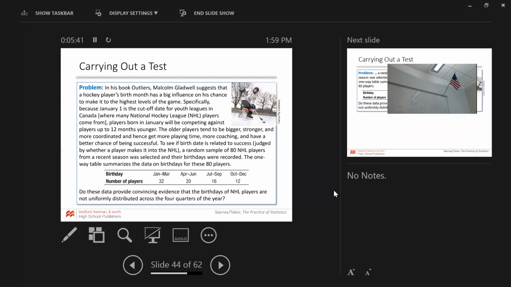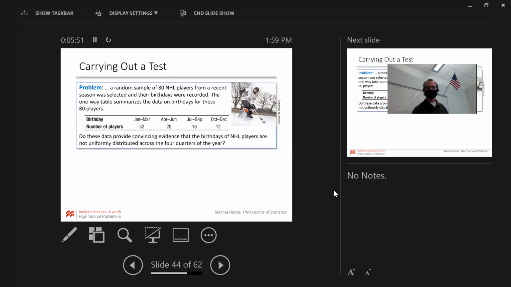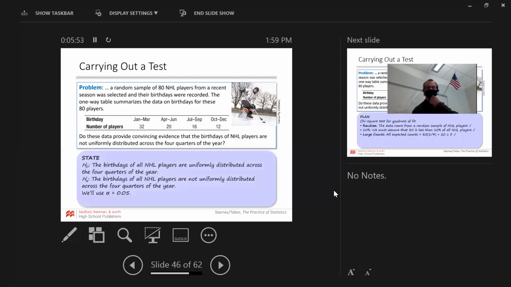You don't have 20s across the board. Would that be attributed to random variation, or are hockey players more likely to be born in the winter? But no, the birthdays are uniformly distributed.